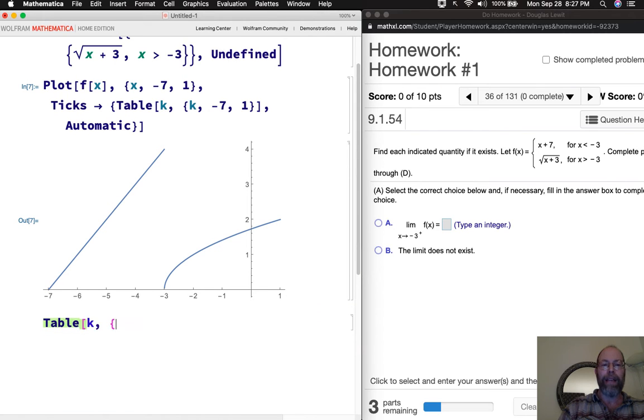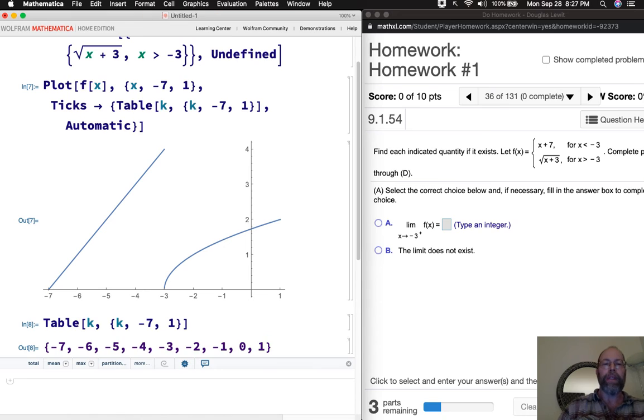Table K goes from -7 to +1, gives me a list of all the integers from -7 to +1: -7, -6, -5, -4, -3, -2, -1, 0, and 1. That's what this command does. So I hope we're okay with that.